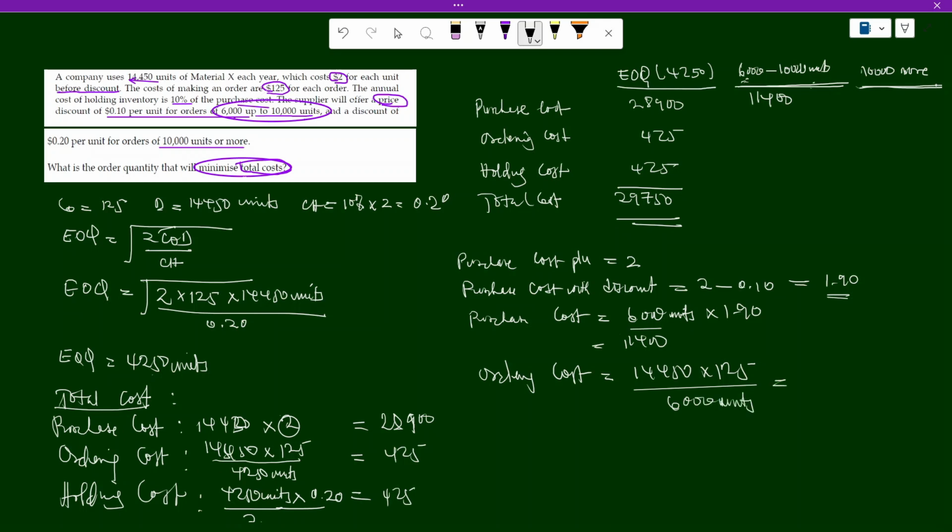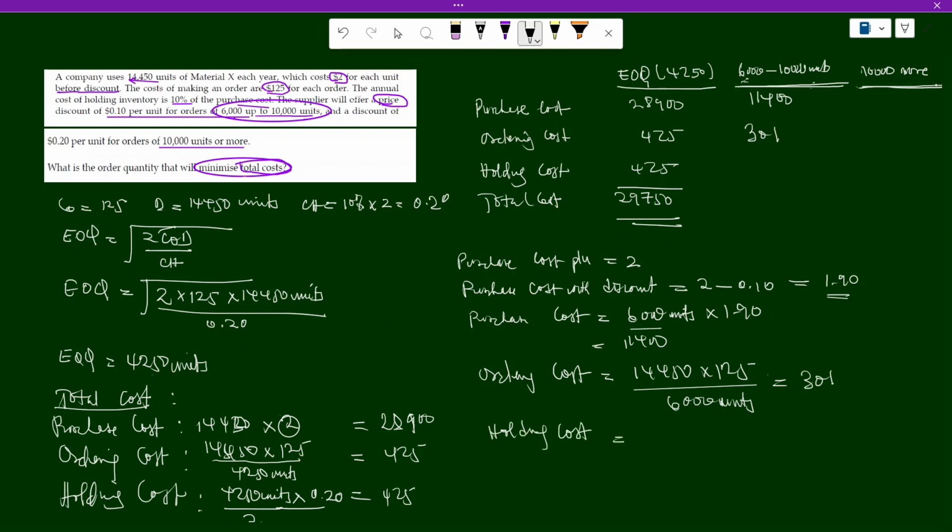So when we compute, we are going to get 14450 times 125 divided by 6,000, and this is going to give us 301.